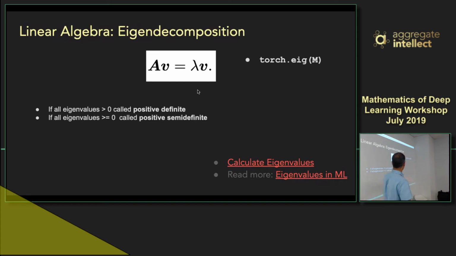What does it mean? Assume that A is a matrix and V is a vector. If I take a matrix multiplied by a vector in a way that the result is the same vector multiplied by one single number.